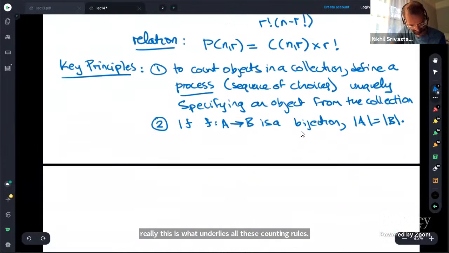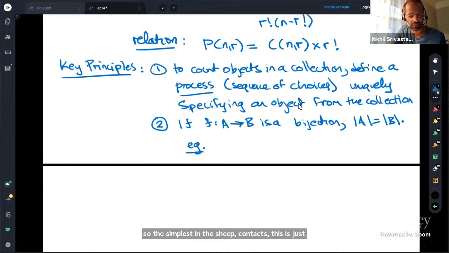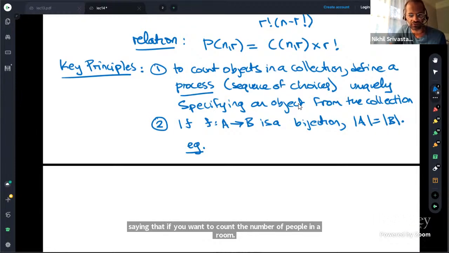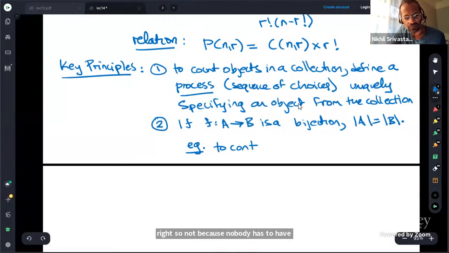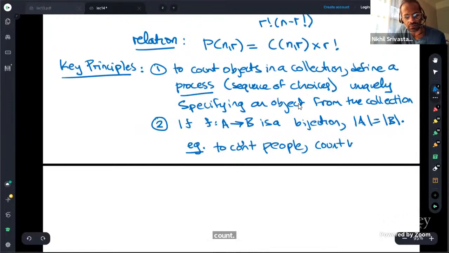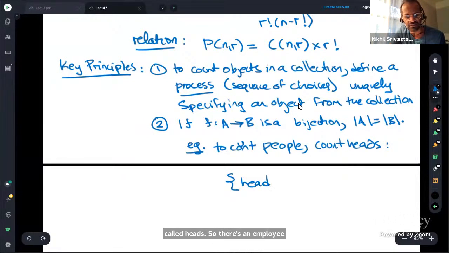In the simplest case, if you want to count the number of people in a room, you can count the number of heads in the room because every person has one head and the head uniquely defines a person. There's a bijection between the heads and the people, because nobody has 2 heads. So to count people, count heads.